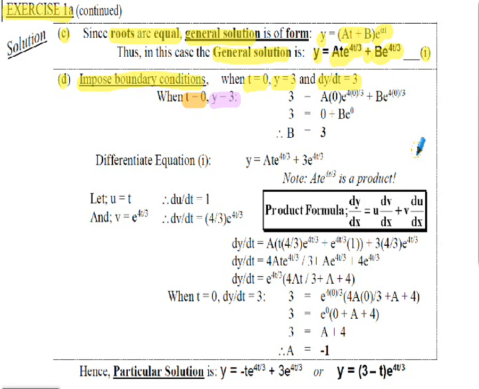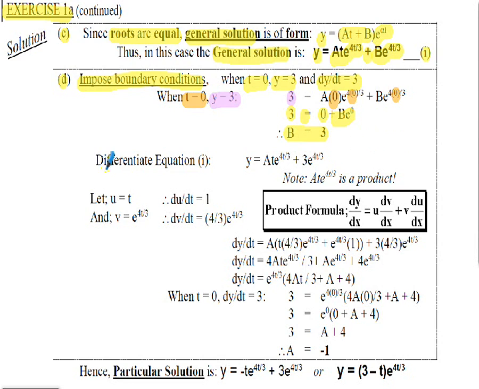On the right hand side of equation 1 above, where we have a t, we now replace that with a 0, and the y on the left hand side is equal to 3. Noticing that the first term on the right hand side will be 0 because we're multiplying by 0, we're left with the equation 3 is equal to b e to the 0, and of course e to the 0 is 1, so b is equal to 3 in this case.